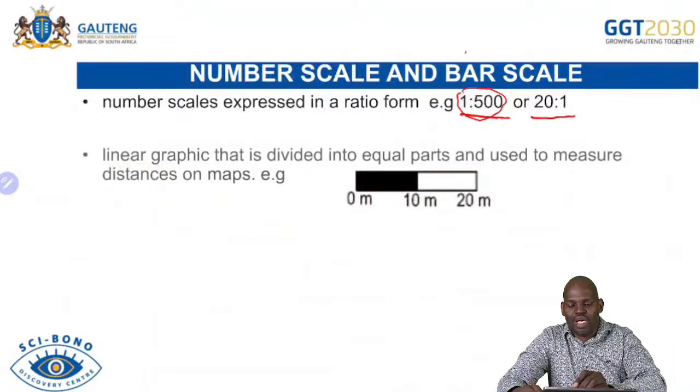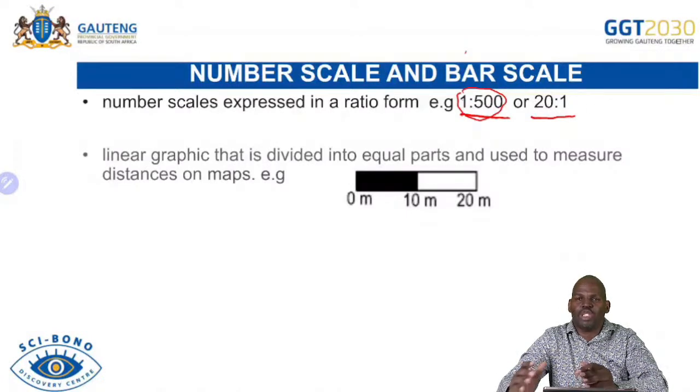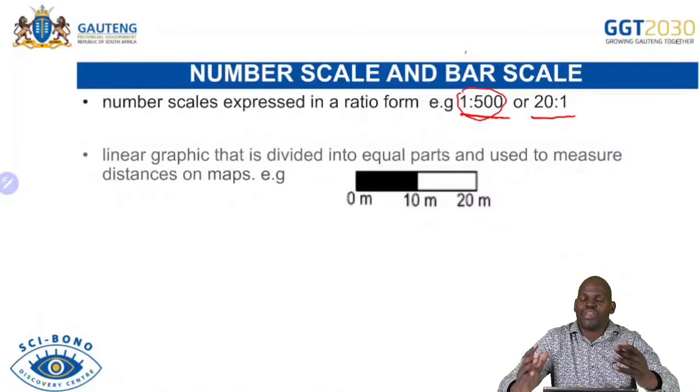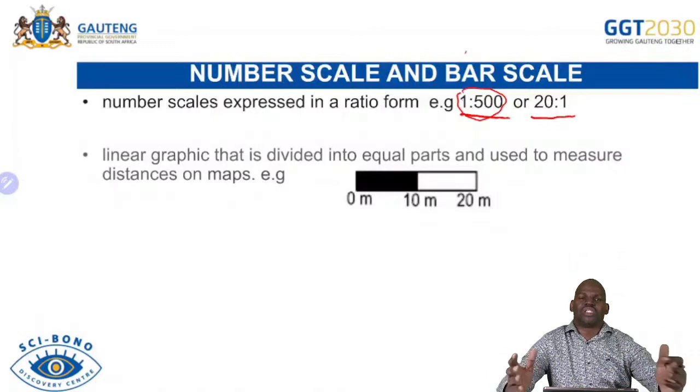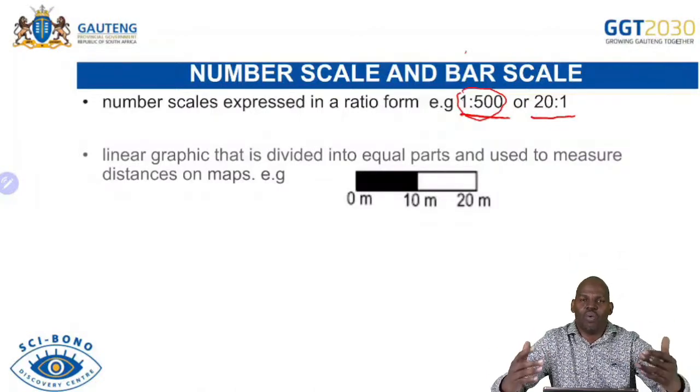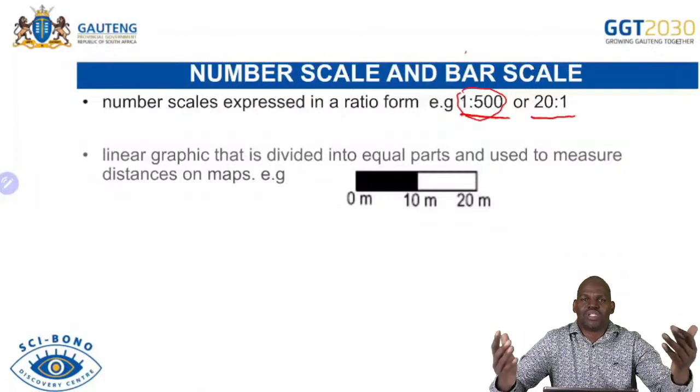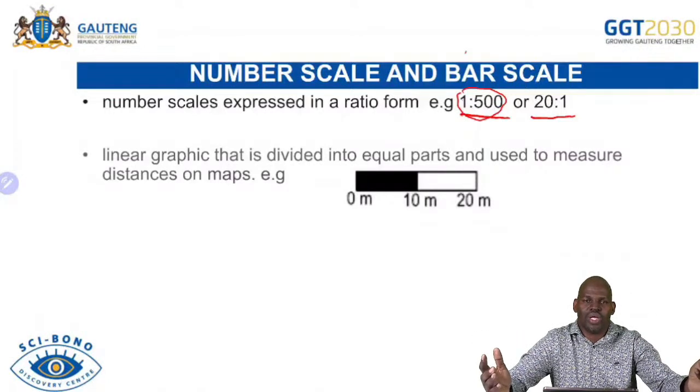So in other words, that map is probably about 500 times smaller than what it is in reality. It is also possible that the scale can be written the other way around, where the number on the left-hand side is bigger than the number on the right-hand side. It means the picture has been enlarged. Think about those who are doing life sciences. If they are working with insects, some are so small that you cannot see them with the naked eye.